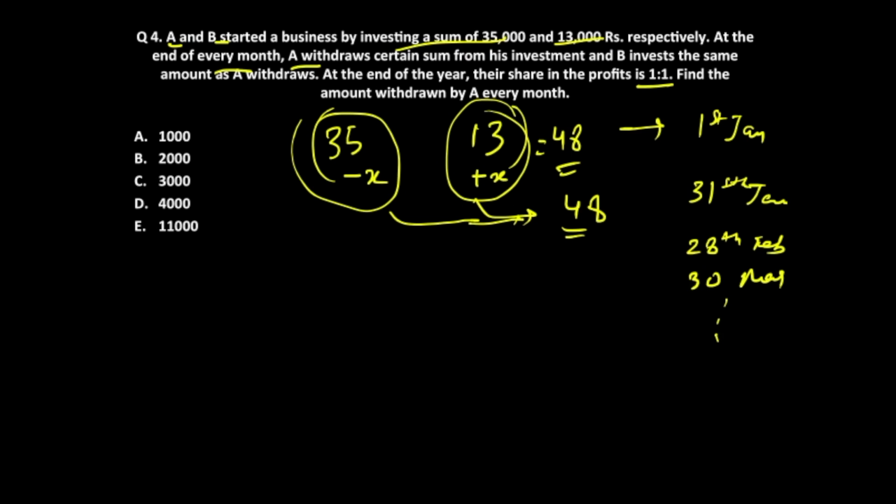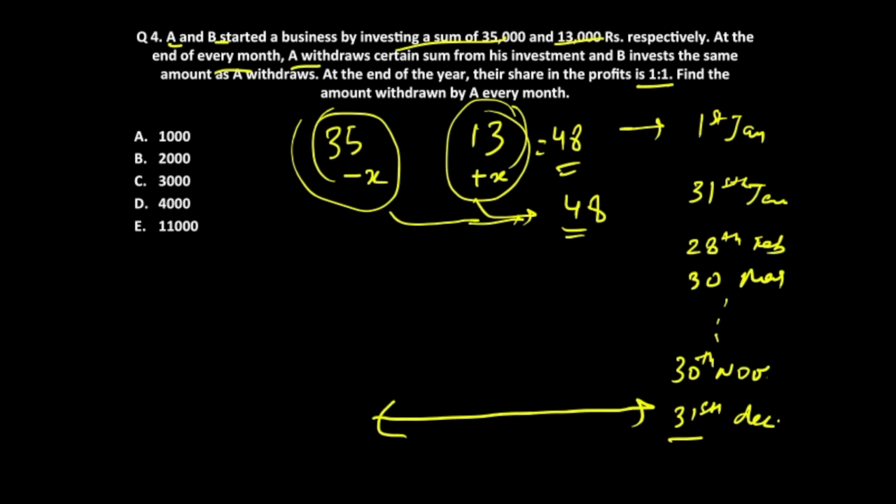What we have to remember is after 30th of November, these two guys would be investing and taking out their respective sums on 31st of December. But at that time, this amount, the X amount or whatever, 48,000, would be invested for 0 time.